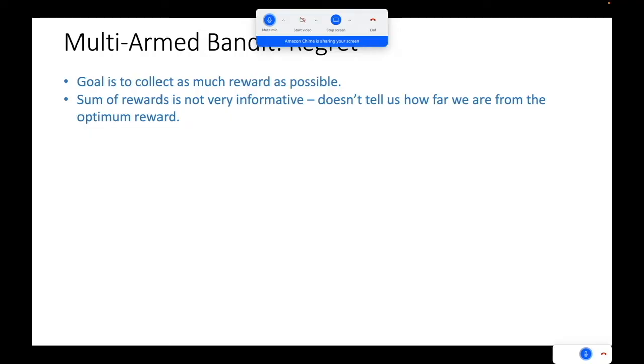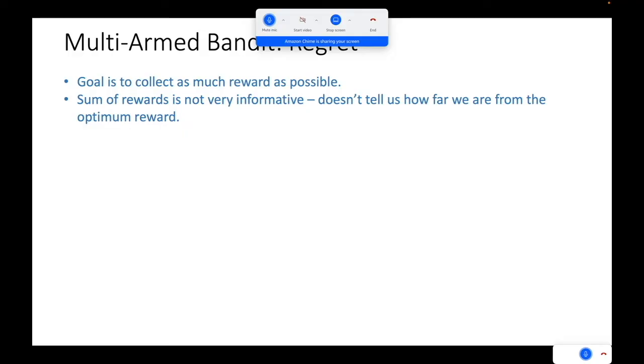Now, while we have looked at multi-arm bandit from the point of view of reward collection, if you explore the literature, you will encounter that the objective there is what is known as minimizing regret. Why is this new definition required? Because sometimes the sum of rewards is not very informative, because it doesn't tell us how far we are from the optimum reward.